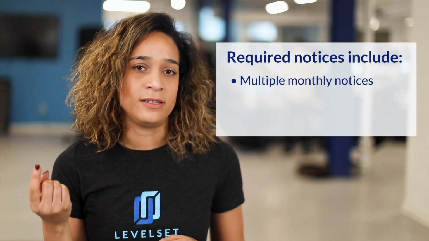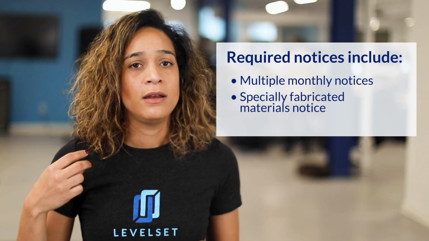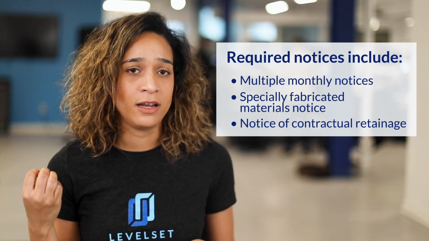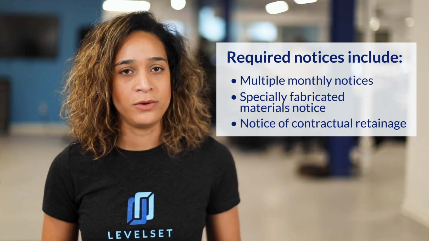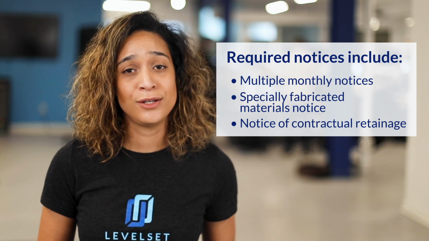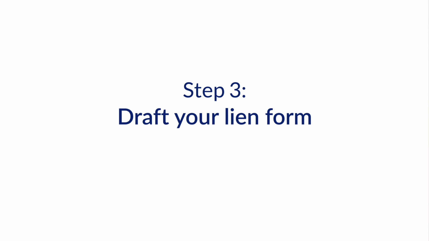These can include multiple monthly notices, specially fabricated material notices, notice of contractual retainage, and others. If you don't send the proper notices by the proper deadline to the right people, you will basically lose your lien right.